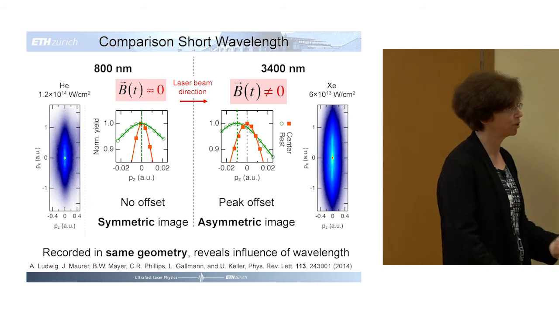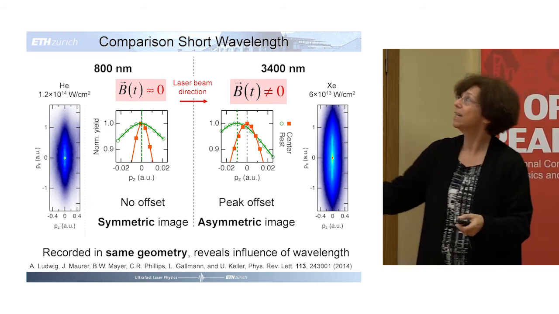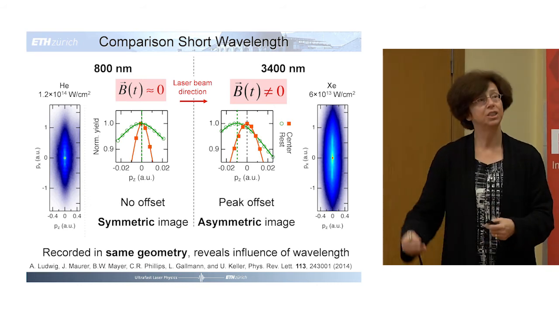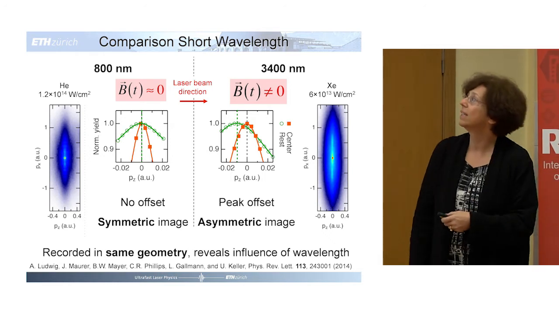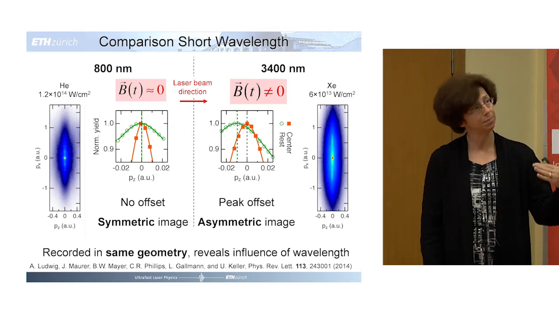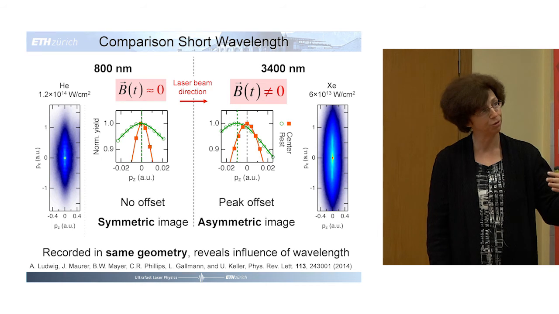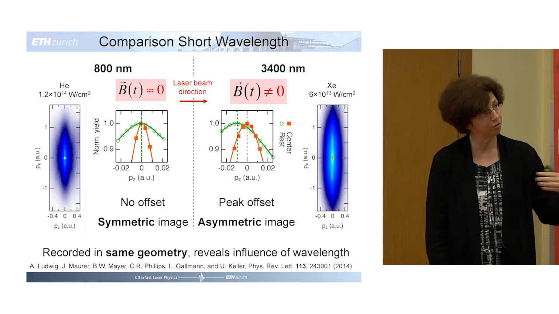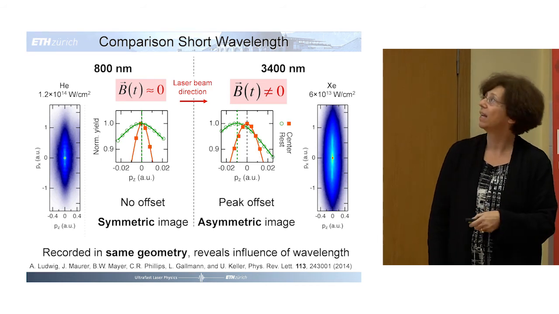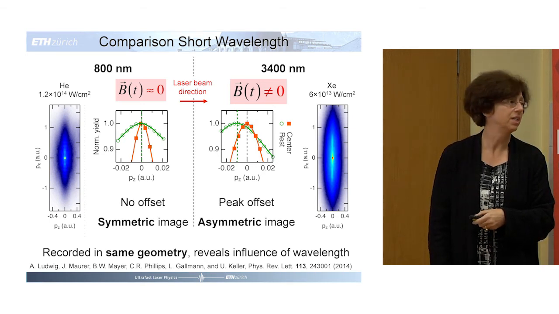And why I say it's an observable for this is because we measured this shift in the peak offset in the momentum of the photoelectron, in the direction of the incoming laser field, for many different targets, and it's very insensitive to the initial conditions.